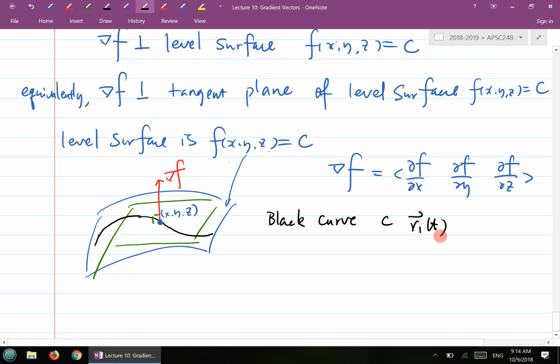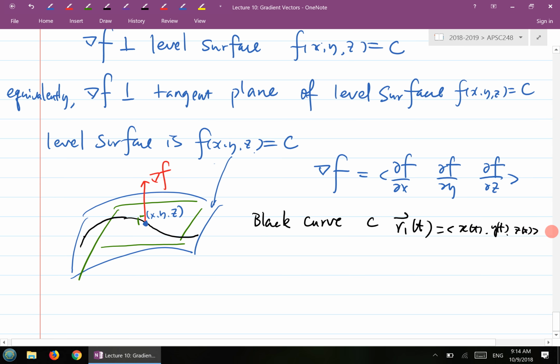It's an arbitrary curve I sketched along that level surface, and passing through this x, y, z. So I call it a parametric equation, let's say r1 of t here. Suppose it has x of t, y of t, and z of t, a set of parametric equations. So now I will try to prove why this is the perpendicular relationship.